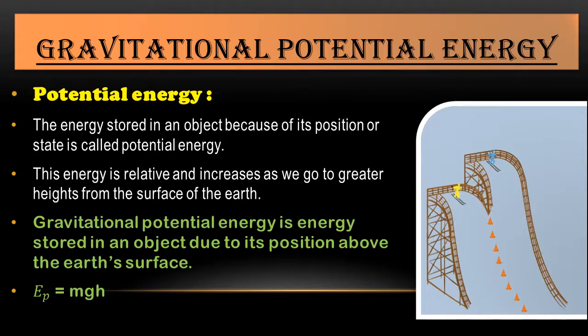Now the formula for gravitational potential energy is Ep equals mgh, where m is the mass, g is the gravity, and h is the height above the earth's surface.